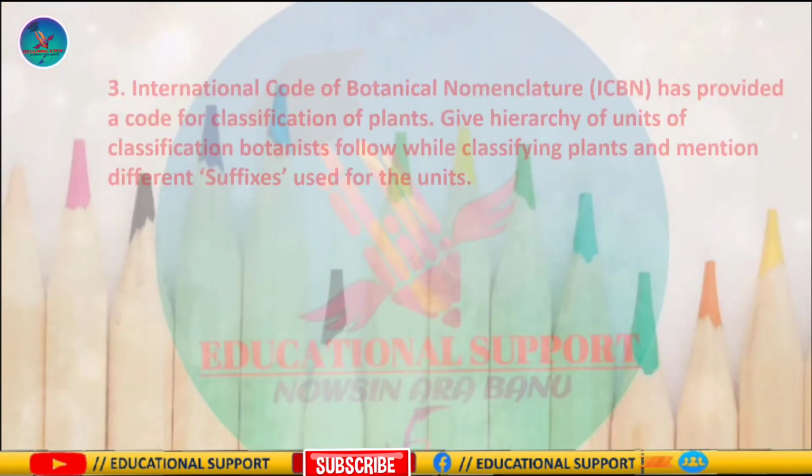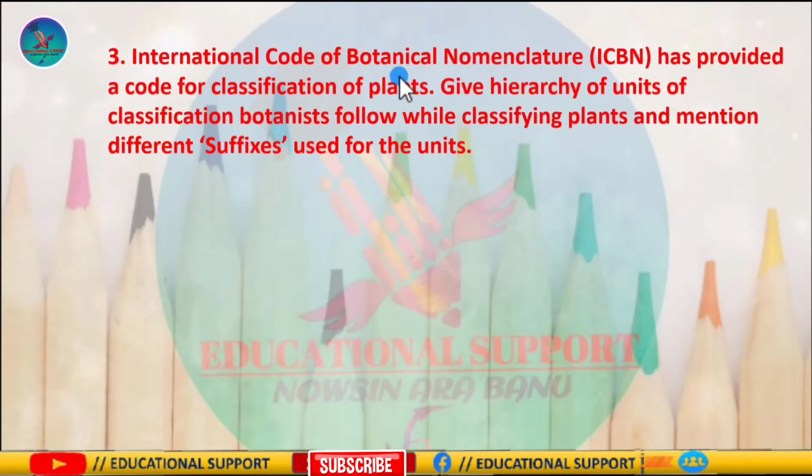Next question is: the International Code of Botanical Nomenclature, ICBN, has provided a code for classification of plants. Give the hierarchy of units of classification botanists follow while classifying plants and mention the different suffixes used for the units.